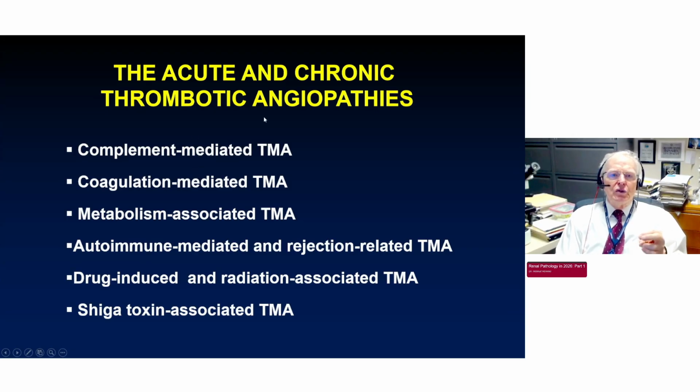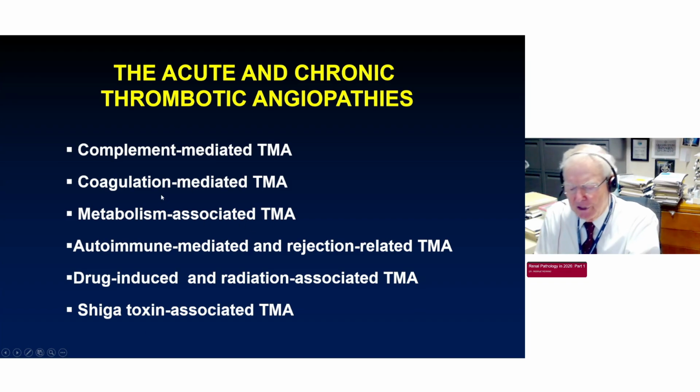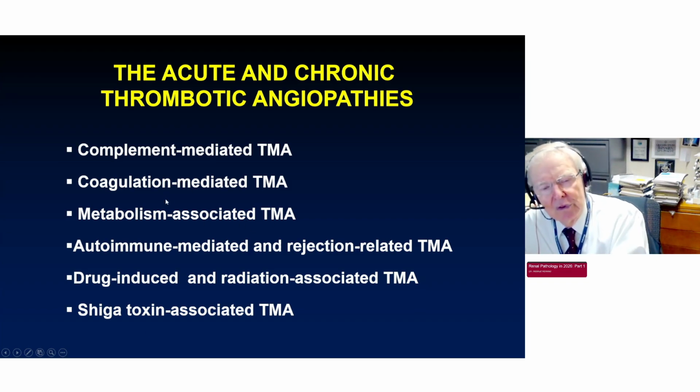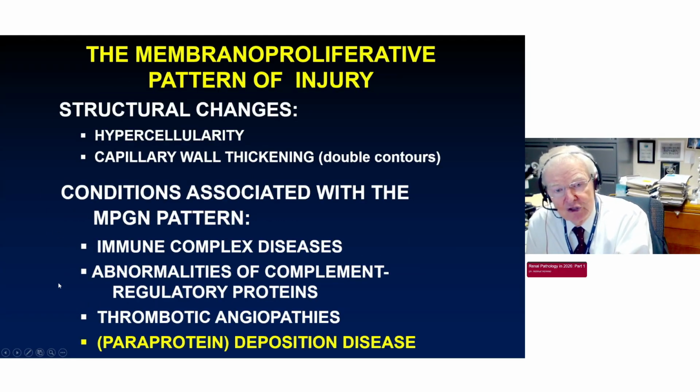So the acute and chronic thrombotic angiopathies include the complement-mediated TMA, coagulation, and metabolism, and therefore the differential diagnosis, which I'm not going to go into at this point, of the thrombotic angiopathies is rather complex and very much involved.